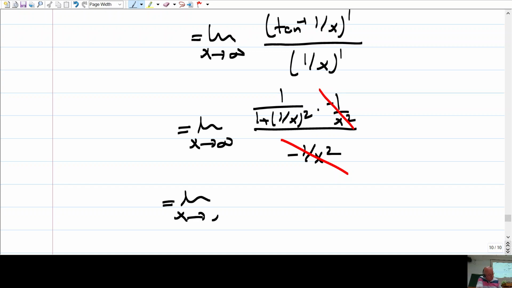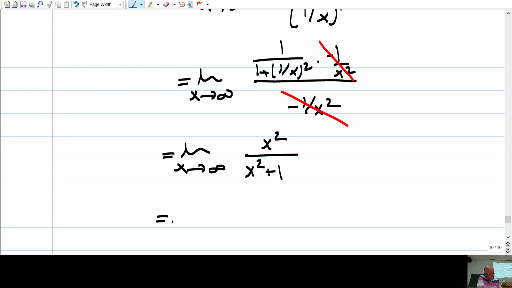Limit as x goes to infinity. This is just x squared divided by x squared plus 1, right? 1 over x squared plus 1, you add them up and then take x squared upstairs. You get this. And now x goes to infinity. We can do one more step: divide everything by x squared.